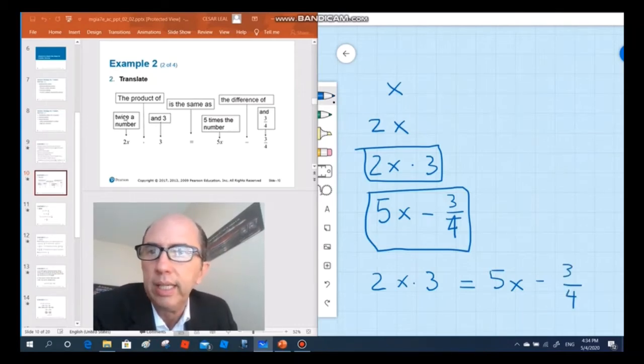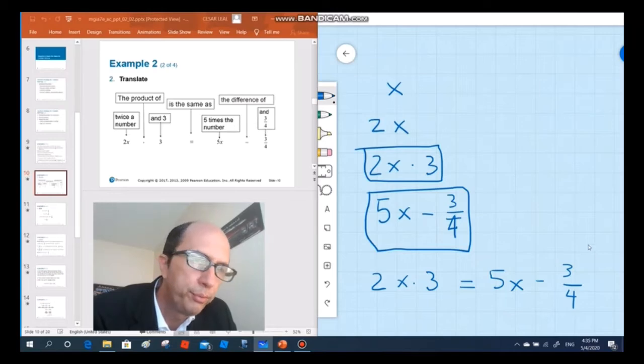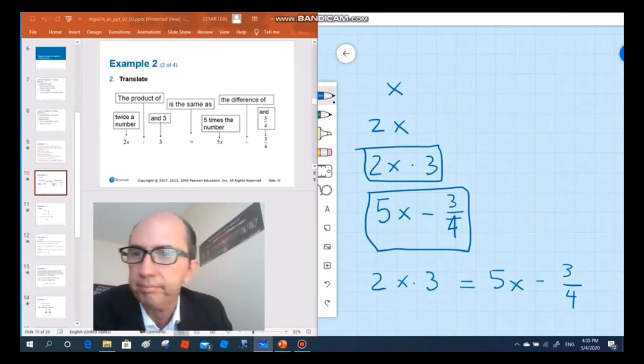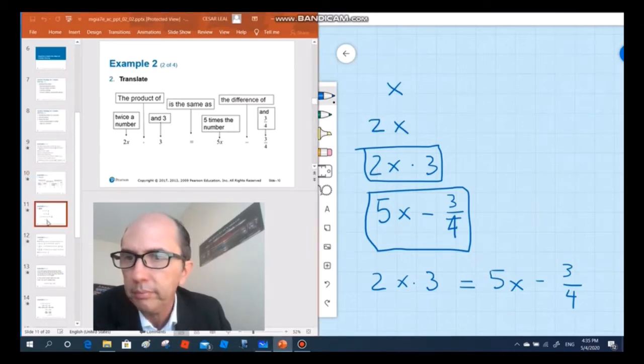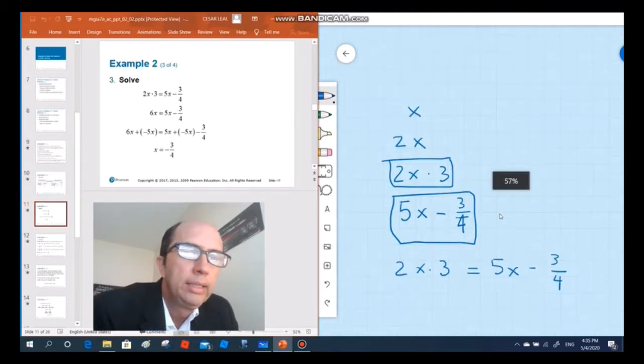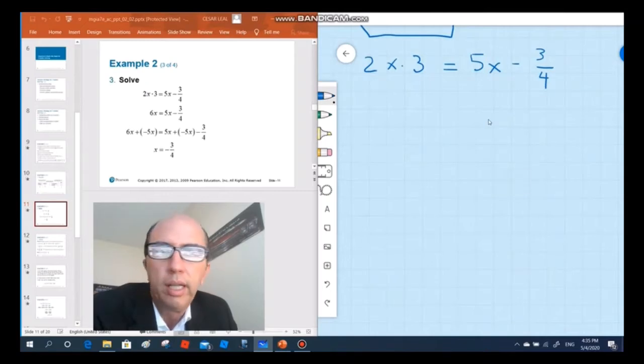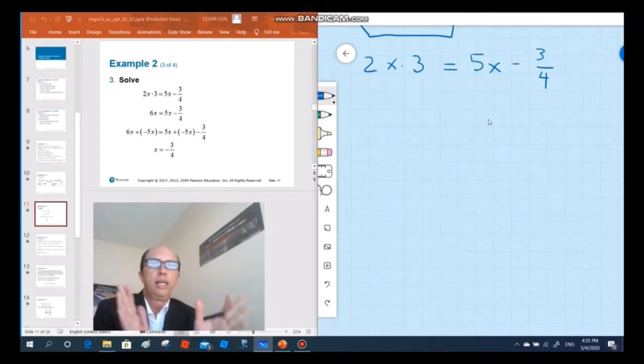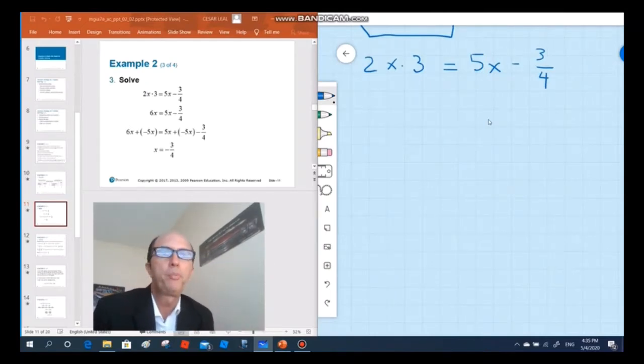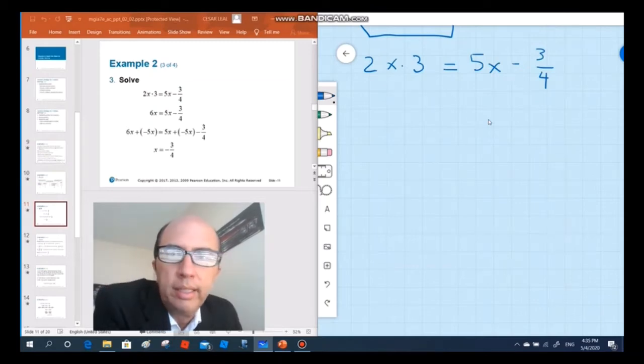This is twice a number, the product of 3, and this side is the same, meaning equal, as 5 times the number, the difference of 3/4. Now we have an equation. Since we have an equation, we can solve it now, using the addition property, multiplication property, and simplifying.